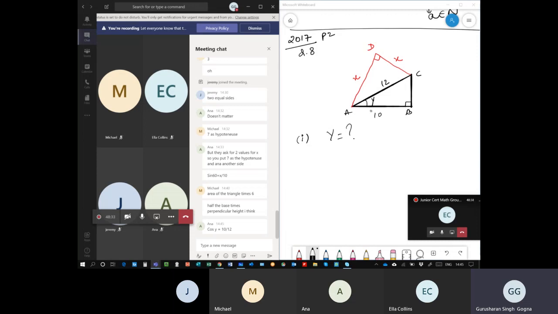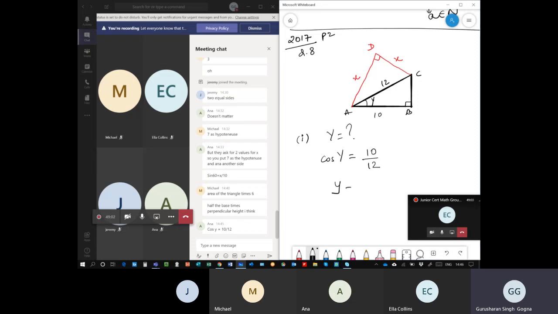Correct. Again, angle is involved, so we need to use trig ratio, and trig ratio is applicable in the case of a right angle triangle. So it is a right angle triangle, so we don't have any problem. Which one to use, sine, cos, or tan, depends on what is given or what they want. They give you adjacent, which is 10, and hypotenuse, which is 12. That's why we need to use cos. Cos y equal to 10 over 12.